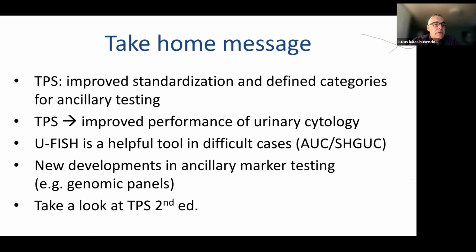And I've shown you that the TPS system 1 has clearly improved the performance of urinary cytology, especially by increasing the value of AUC. UroVysion FISH is a helpful tool in difficult cases, as shown for AUC and suspicious for high-grade urothelial carcinoma. And there are really interesting new developments in ancillary marker testing. Stay tuned, especially in terms of genomic panels.